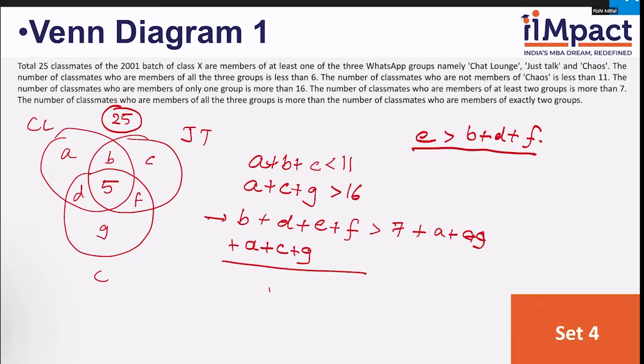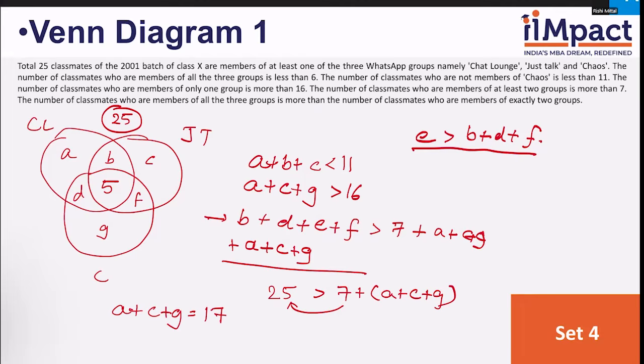So 25 is less than 7 plus A plus C plus G. And if I take the 7 over here, A plus C plus G becomes more than 18, less than 18. So therefore, I am able to establish that A plus C plus G is equal to 17, right? So I know this.